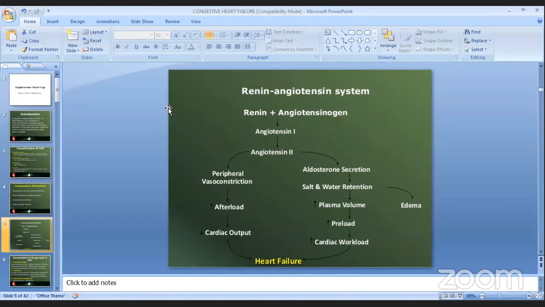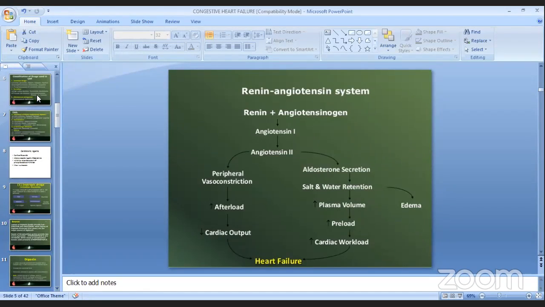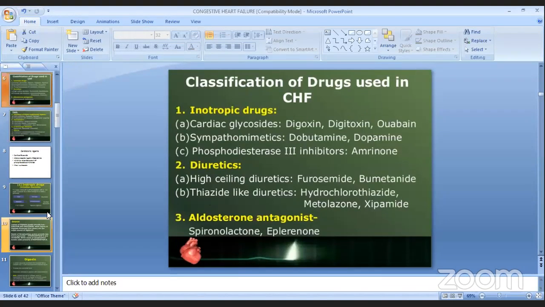When angiotensin is not properly regulated, cardiac output decreases and there are chances of cardiac failure. Next, we are going for the drugs. I don't have the pharmacological classification here, but we are going to discuss the different classes of drugs that we use in cardiac heart failure.